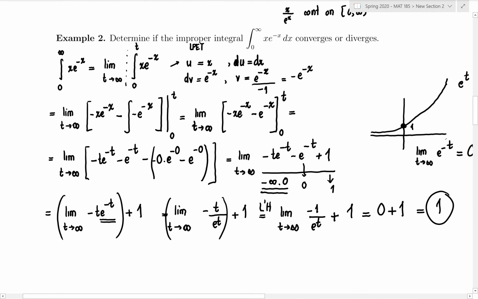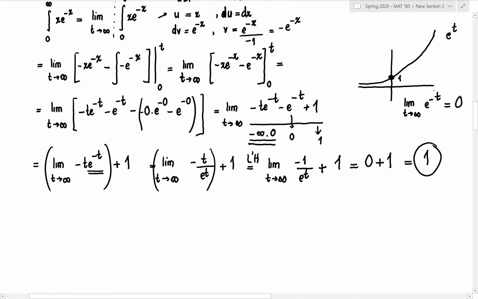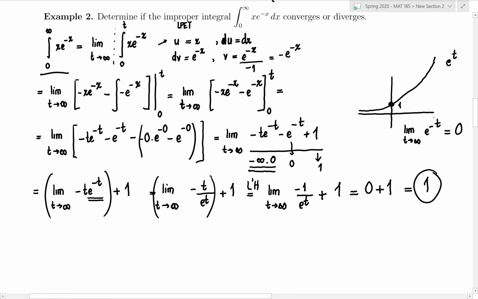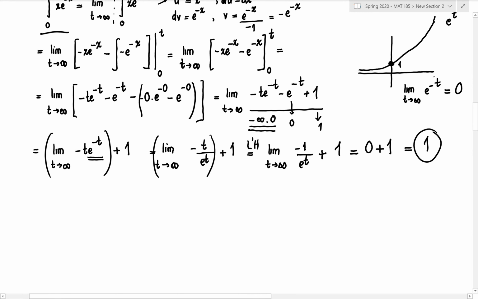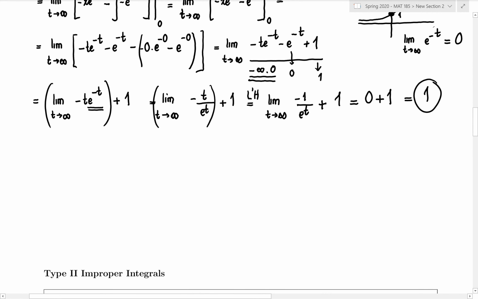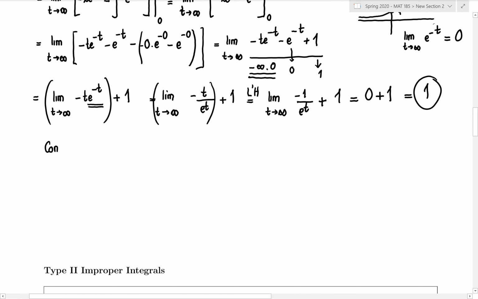So what we have done is we've shown that this improper integral is equal to 1. Is that convergent or divergent then? Exactly, since we got a finite number, it's convergent. And not only is it convergent, its value is equal to 1.